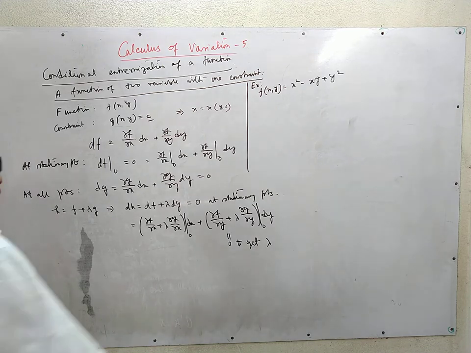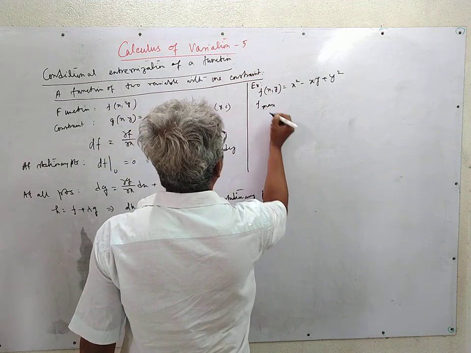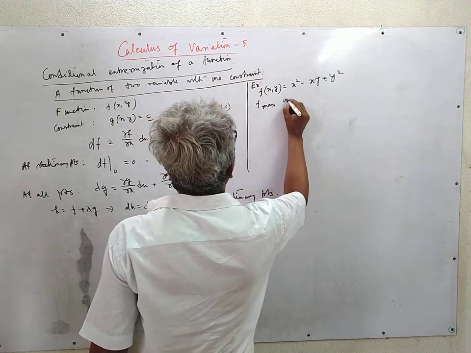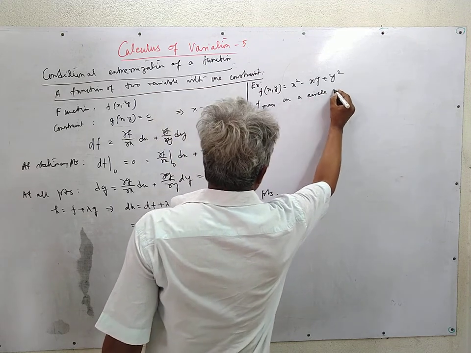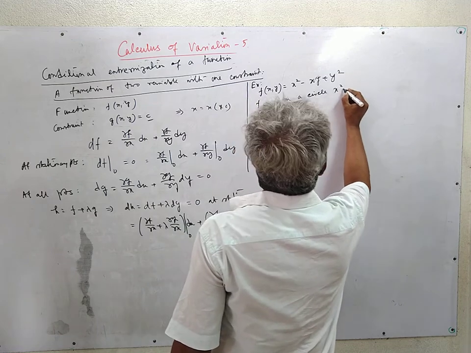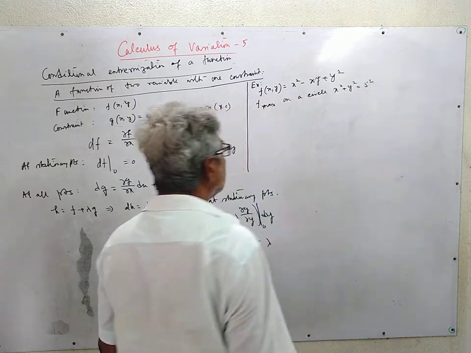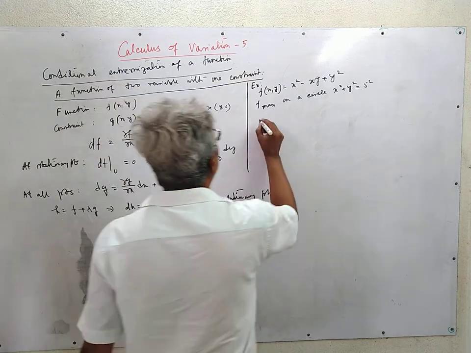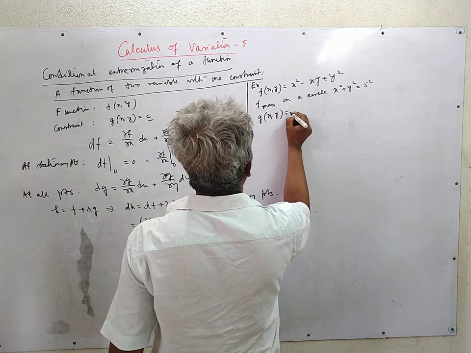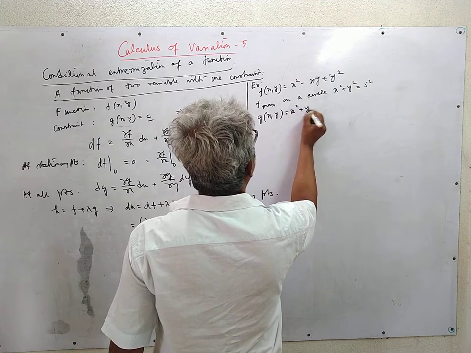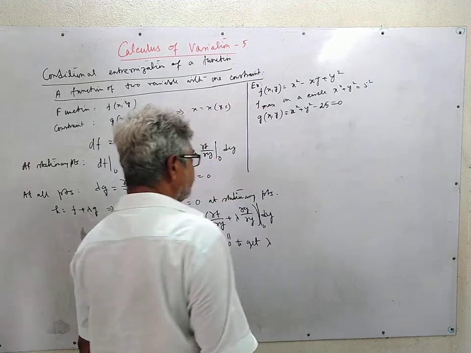Our aim is to find f max on a circle x² + y² = 5². So our constraint is g(x,y) = x² + y² − 25 = 0.